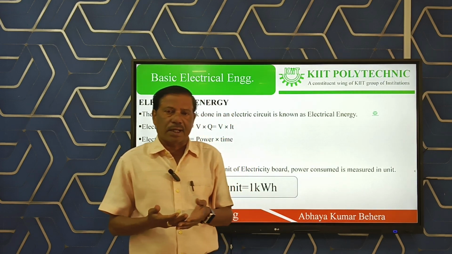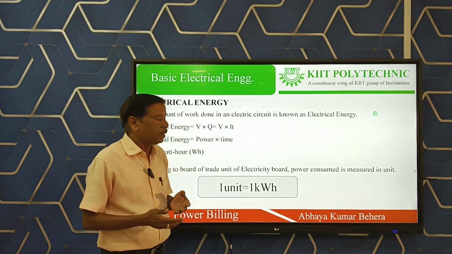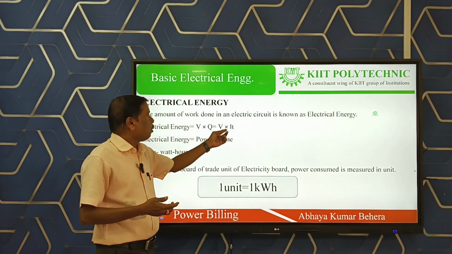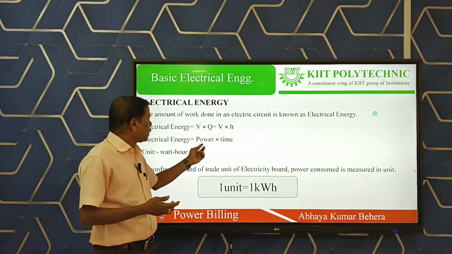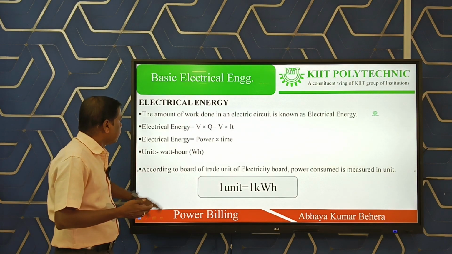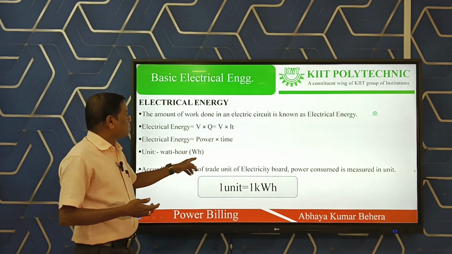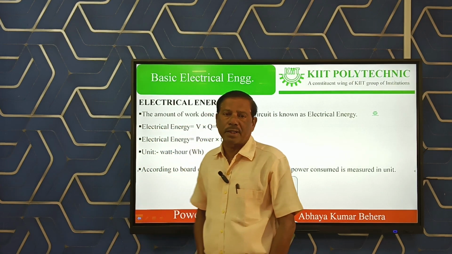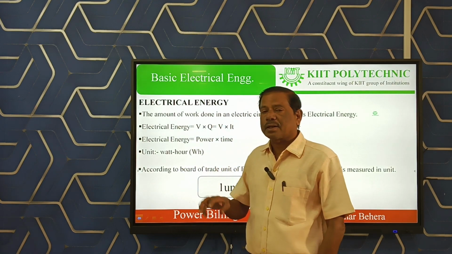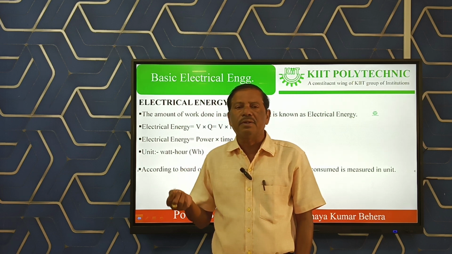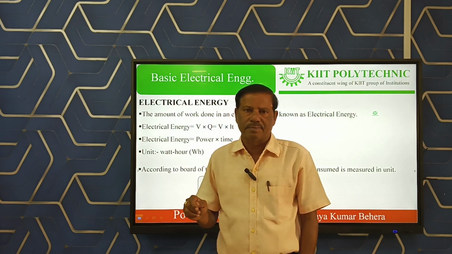As you know, charge equals current into time, so I into T, and V into I is our power. So ultimately it is power into time. The unit of power is watt and the unit of time is hour, so the unit of electrical energy is watt hour. But we convert it into kilowatt hour so that we can easily determine how many units it is in the month.